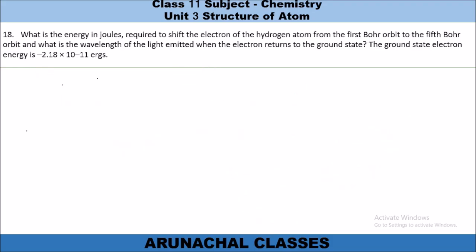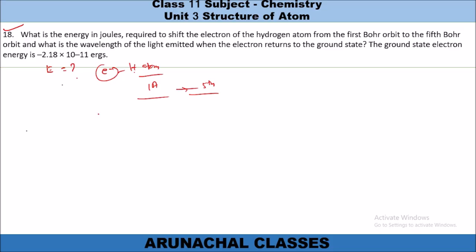Let's have question number 18 now. In question number 18 it is given: what is the energy in joule required to shift an electron of a hydrogen atom from the first Bohr orbit to the fifth Bohr orbit?